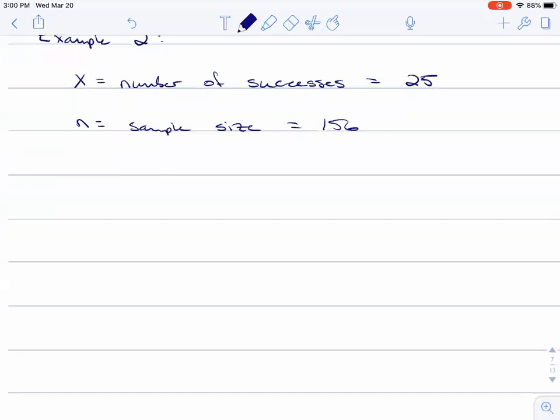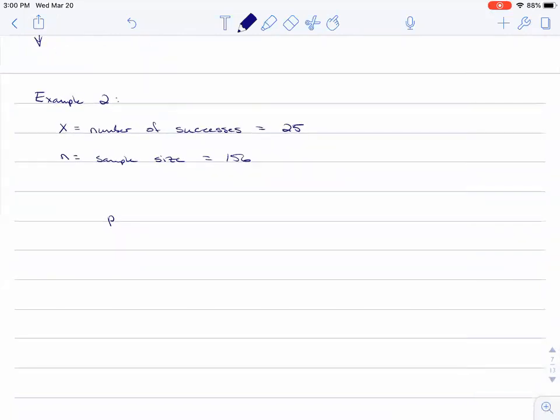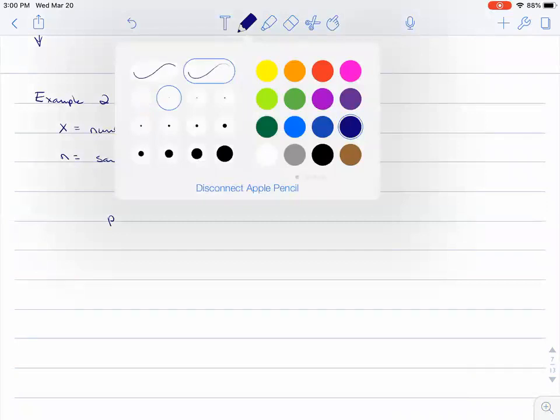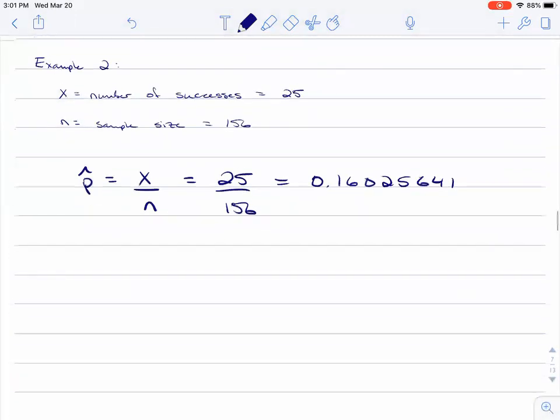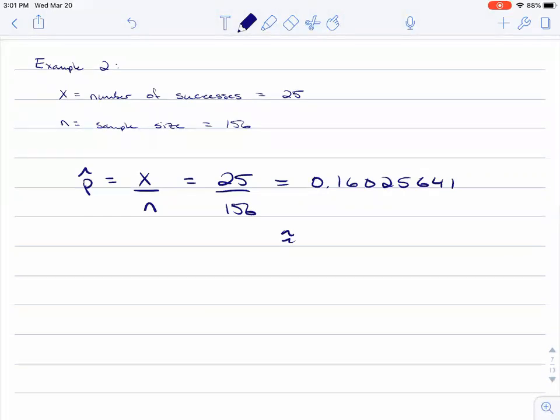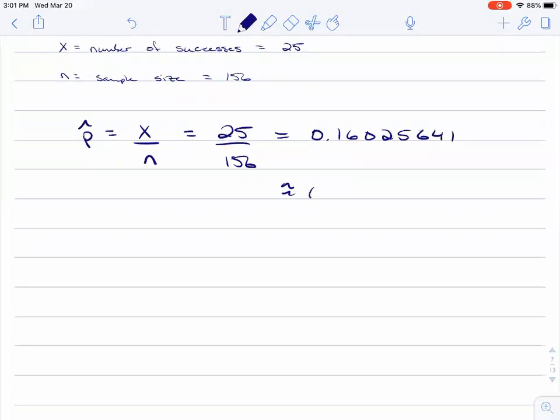And our p hat, if you want a formula, it's just x over n, but it's just going to be 25 over 156. 0.1602561, which I'm going to just round to 3 decimal places, 0.160.